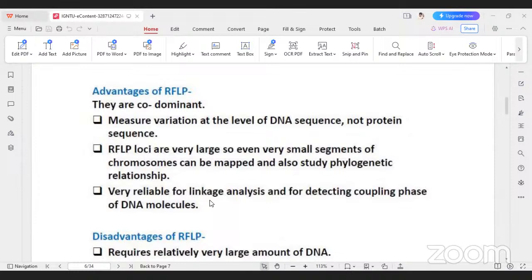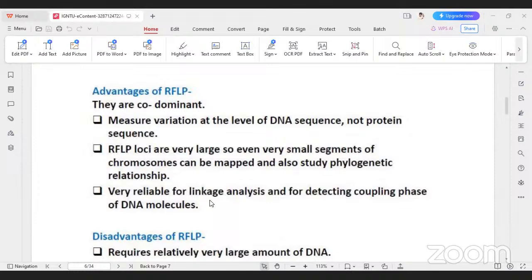The advantage of RFLP is that it is codominant. I already told you about dominant and codominant at the beginning. They measure variations at the level of DNA sequence, where it is polymorphic, not protein sequences.